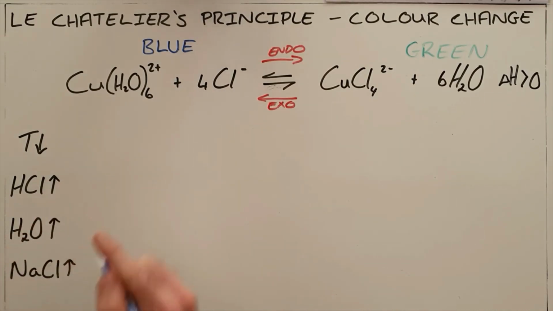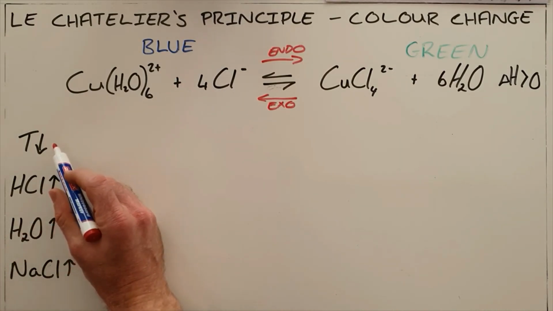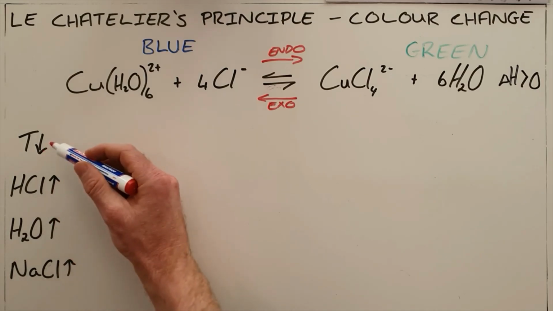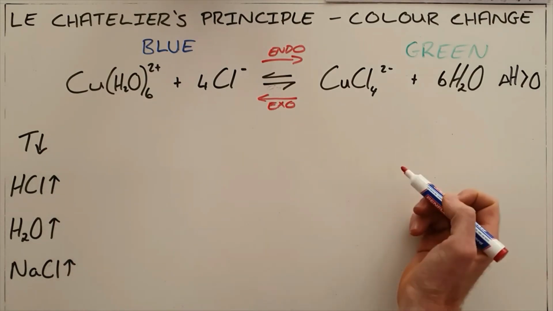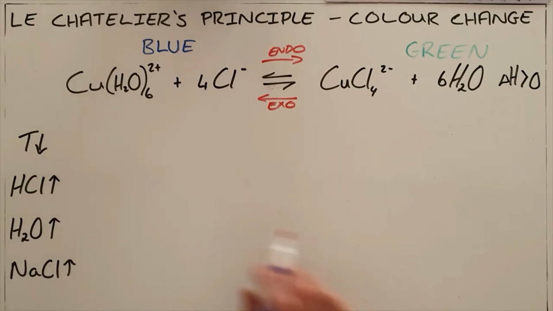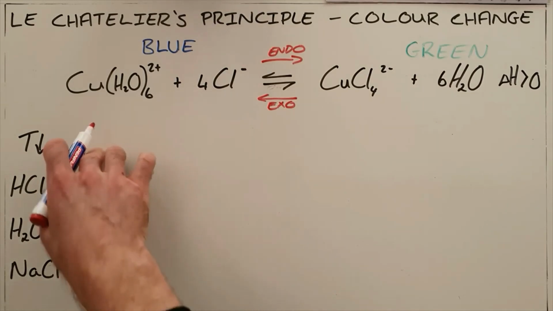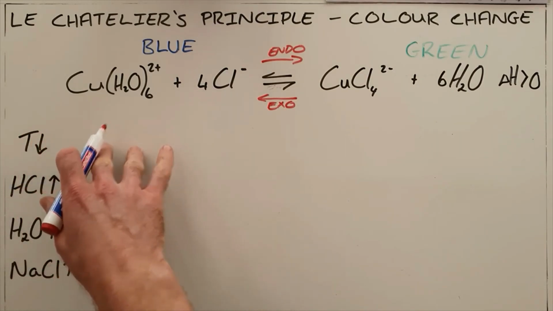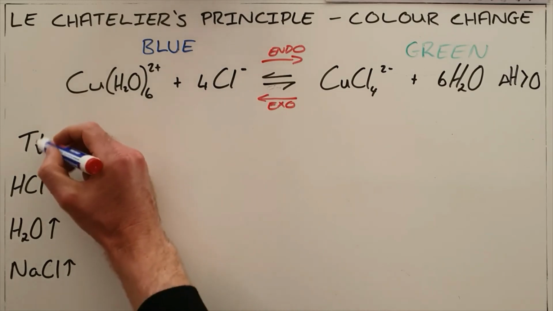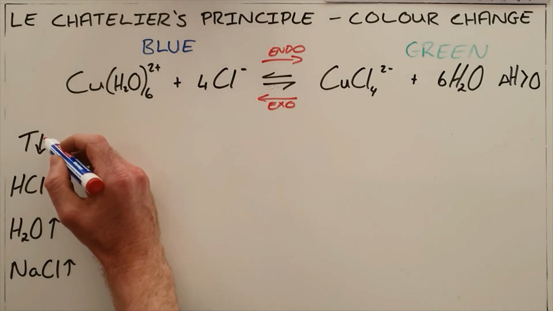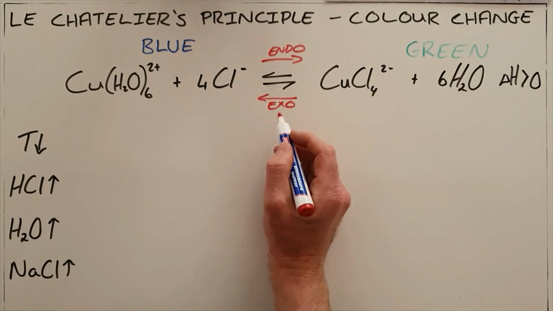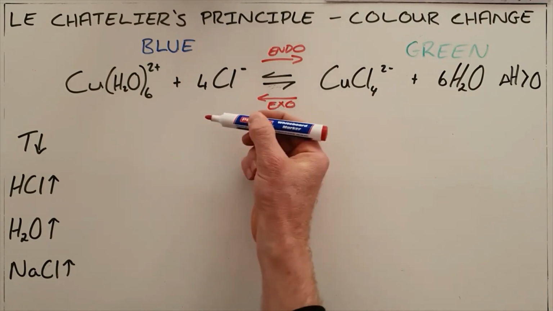In this example, the first question asks what would happen if the temperature of this reaction were to be decreased. Le Chatelier's principle says that we are going to try to counter the change that has been made. The temperature has been decreased, which means this reaction is going to favor the direction that increases the temperature.